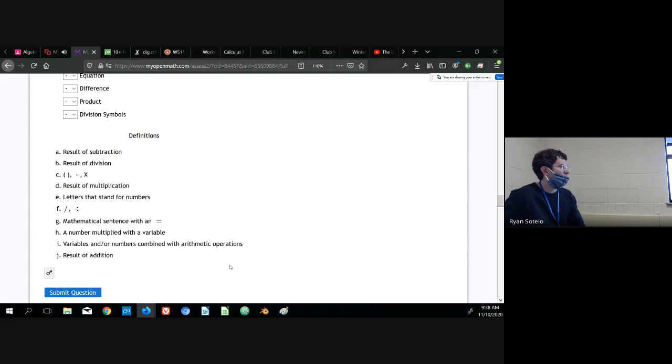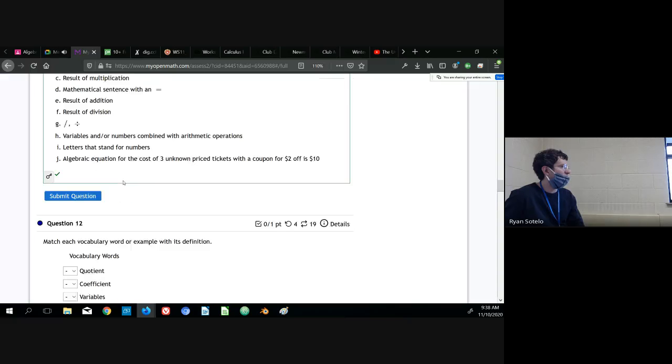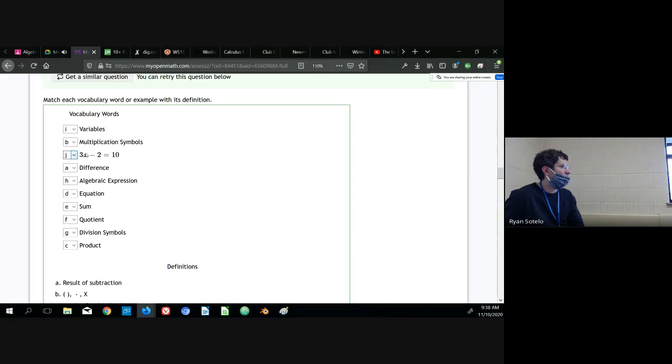It's not I, then it's G, no, then it's H. Did you say H? Yeah, that's H. So when you look at this equation, 3 is a coefficient. It's a number multiplying the variable.